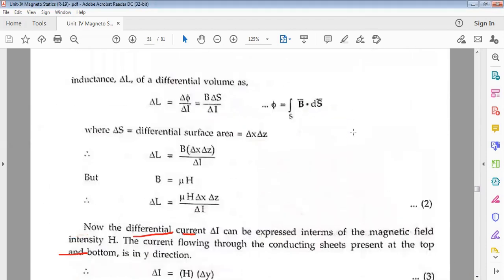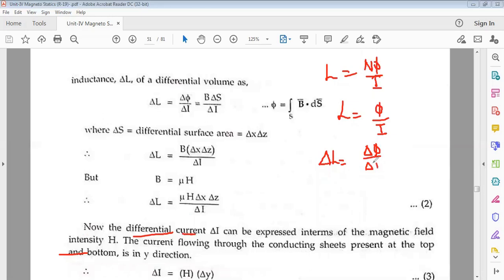See, from the definition of inductance, we know L is equal to the total flux linkage N phi by I. Here there is no number of turns N, so L is equal to phi by I. I assume a small differential inductance, delta L is equal to delta phi by delta I. Delta phi, according to the Gauss law, is B bar dot ds bar, so it is B into ds.